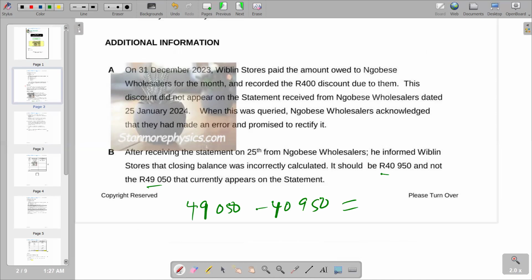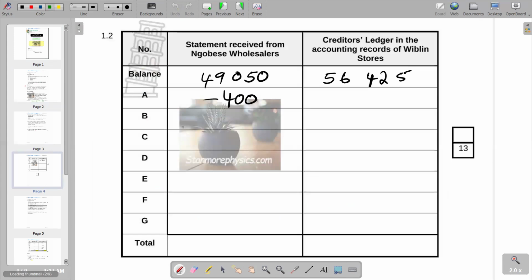If we subtract it like that, we are going to get our answer, which is 8,100. So this 8,100 must be subtracted in the statement column so that this bigger amount goes back to the correct amount, which is 40,950. So in the answer section, we go under the statement column and say negative 8,100.